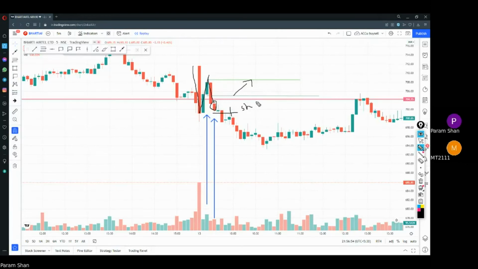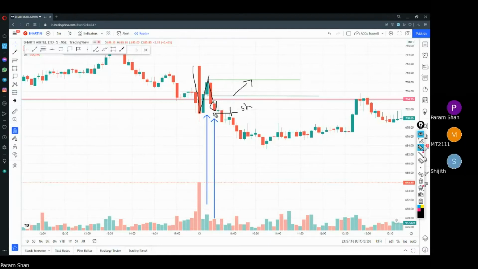Before going short, we also have one more candle confirming, this green candle. But in the green candle, you can see it is really pressed by the sellers only. Otherwise, if there were more buyers, you should have a bigger green body, right? So it is not having that strength.